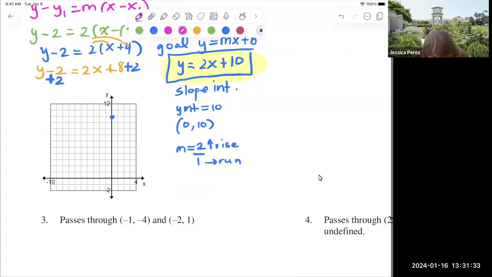I'm going to use a pink, so that means up 2 over 1, up 2 over 1. So this point corresponds to (0, 10), (1, 12), and then (2, 14). And then there's my line right there. And this has an increasing slope, like so.